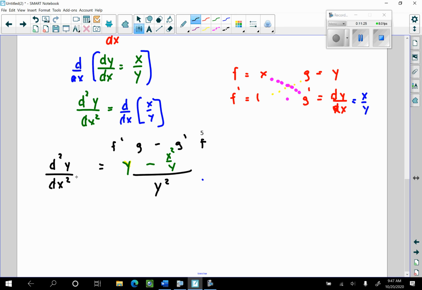So I'm going to multiply top and bottom by y. And look what I have. y times y is y squared. y times x squared over y is x squared over y cubed. And that is the second derivative. That is the desired goal.